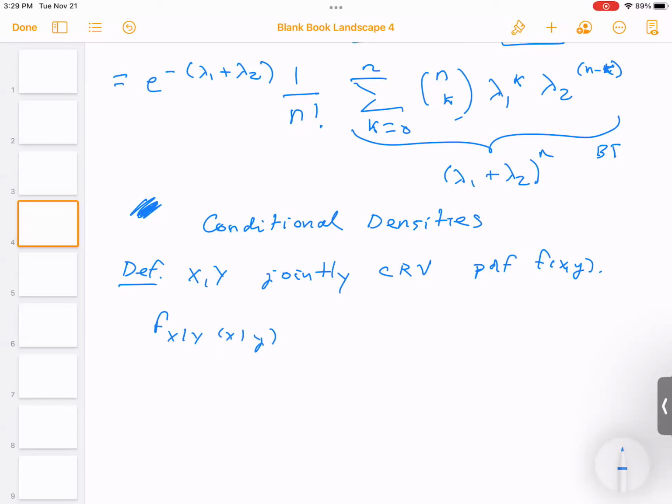This is a definition, so this equals f x y over f y, the marginal distribution of y. So this is called the conditional density or PDF of X given Y.